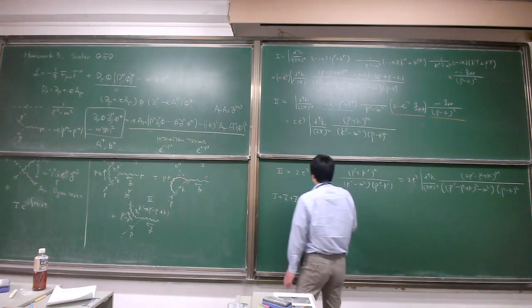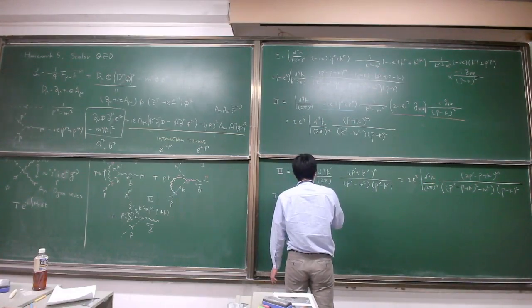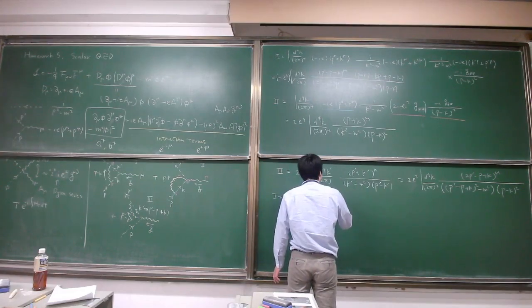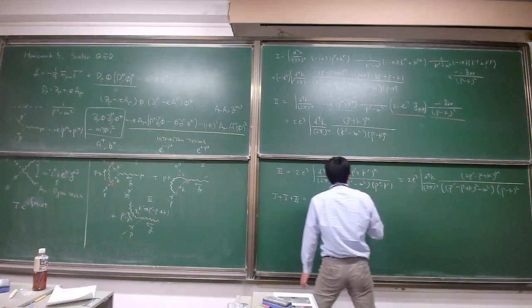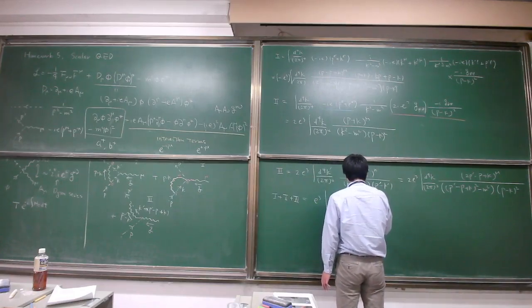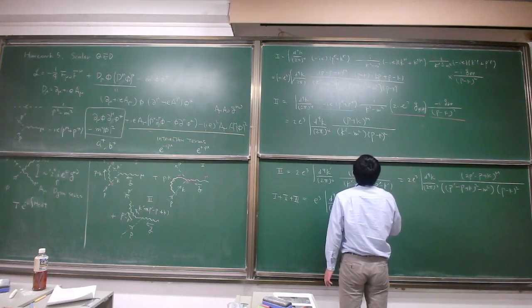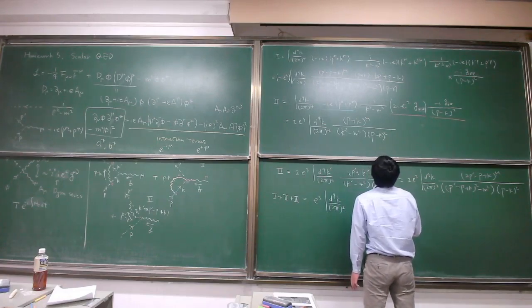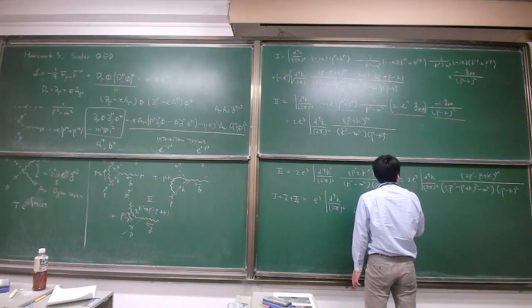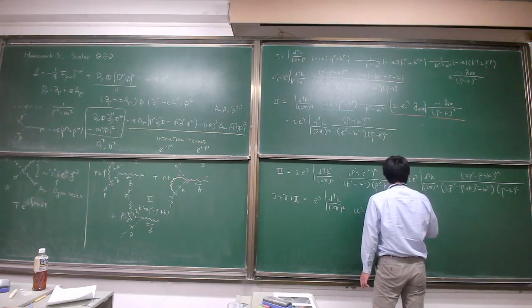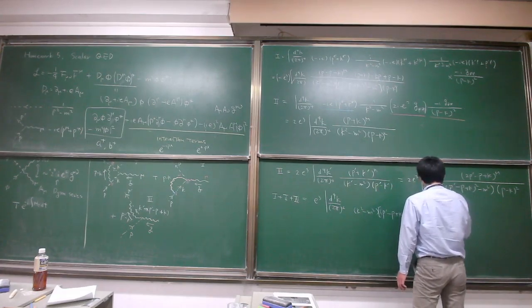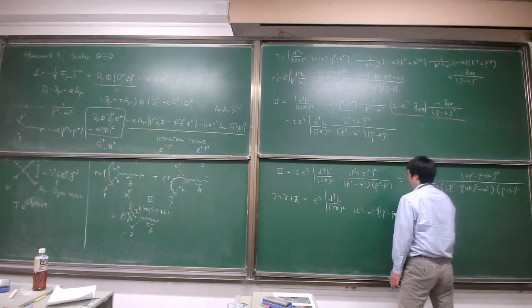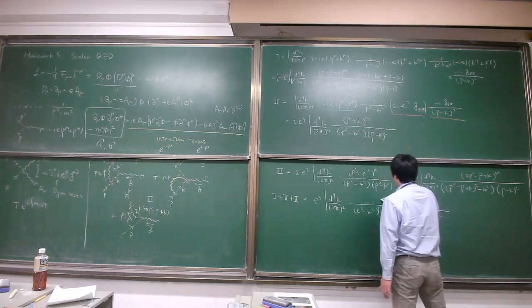So if you sum them up, what you get is EQ d4k over 2 pi to the fourth. And the denominator is something like k square minus m square, p prime minus p plus k square minus m square, and then p minus k square, and then n mu.